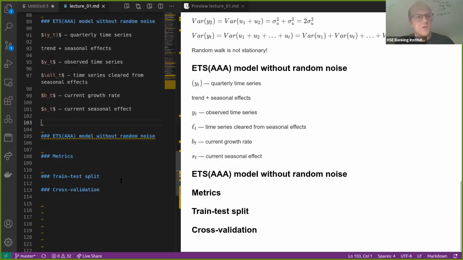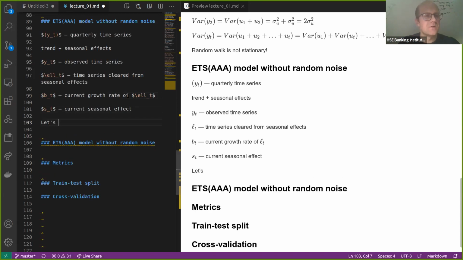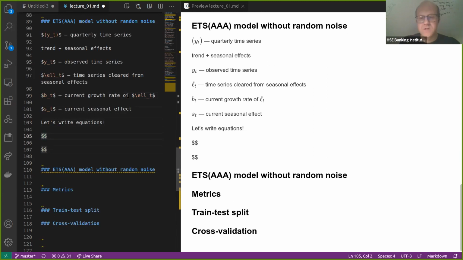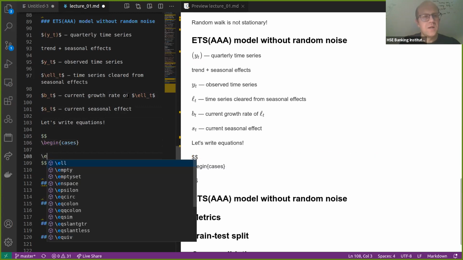Let's move on to equations. So BT is the current growth rate of LT. I will be a little bit more exact. It's the current growth rate of the cleared time series. Okay, let's write equations. We have a system, a big system of many equations.